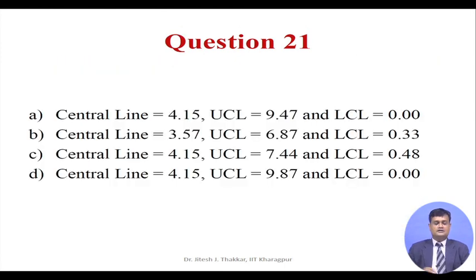Now, the options are A, B, C, D. Central line is equal to 4.15, UCL is equal to 9.47 and LCL is equal to 0, and in the same way you have B, C and D options on the screen.